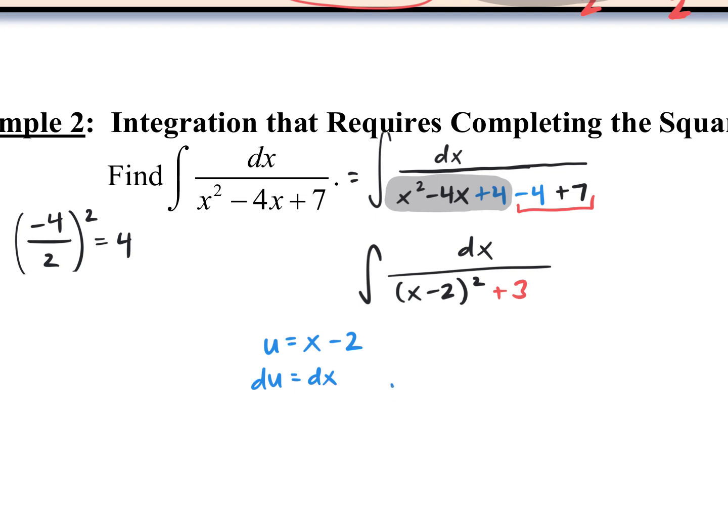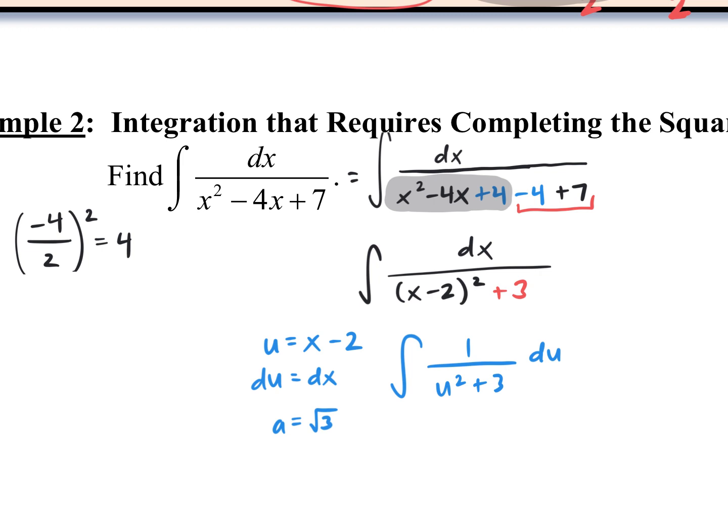So if I plug this information in, I get 1 over u squared plus 3 times du. Now it really looks like arctan, right? Where my a value, what is a going to equal in this case? The square root of 3.